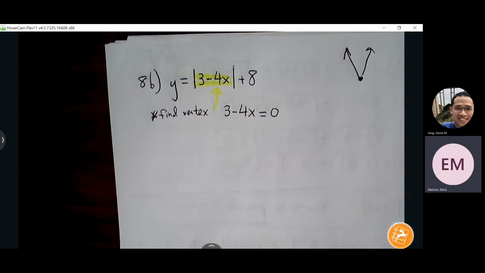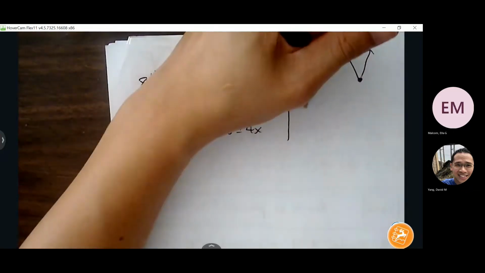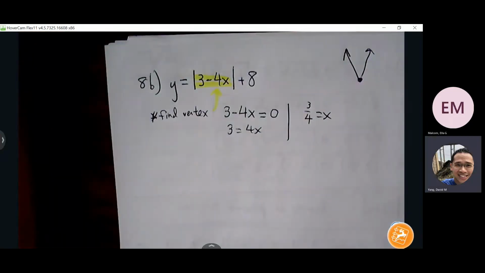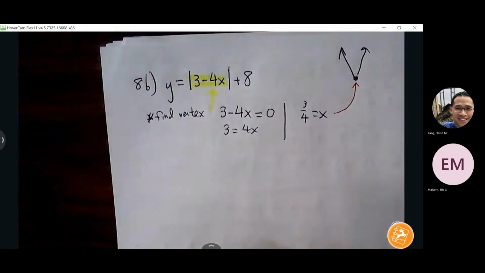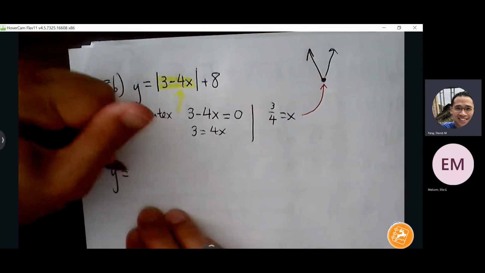Okay, I got 3/4 equals x as my vertex. Okay, so we know that is this dot right there. Yes. All right.